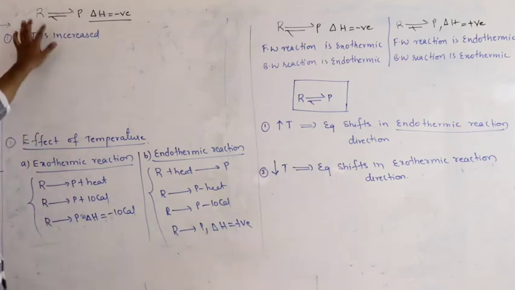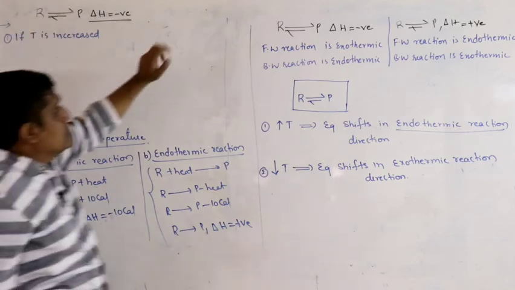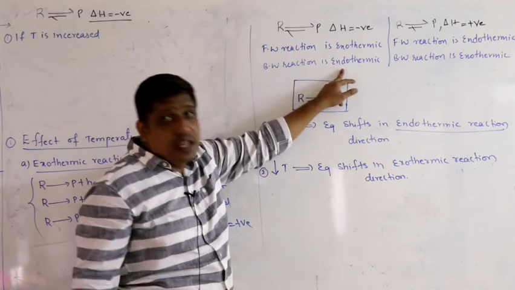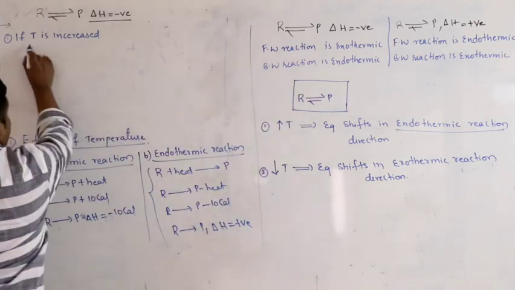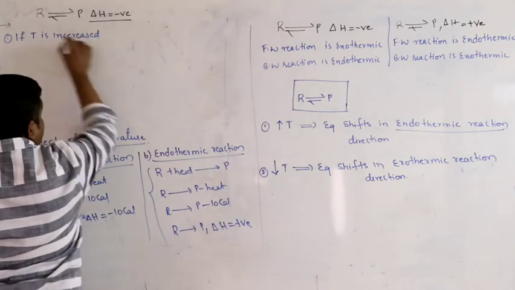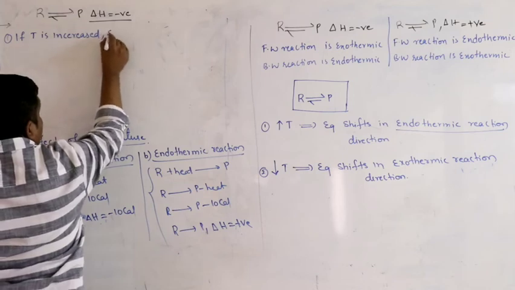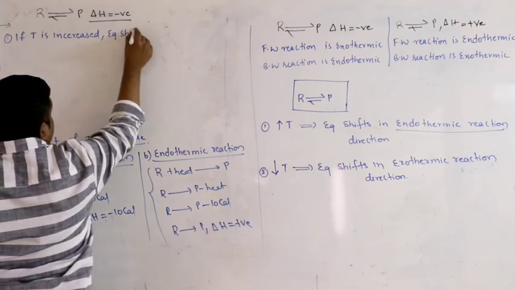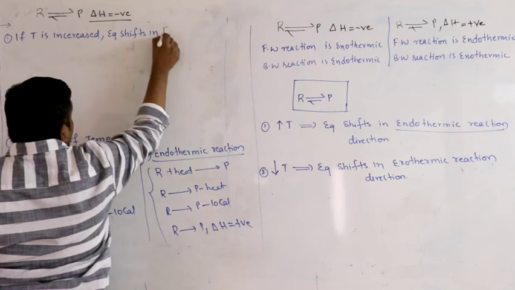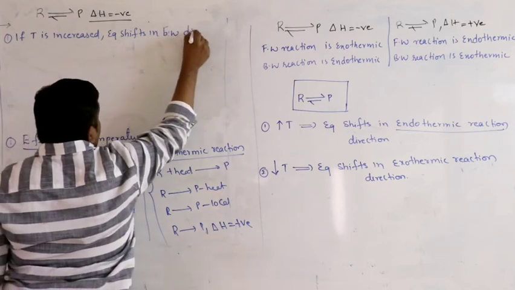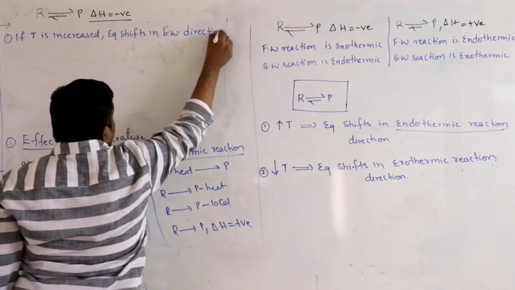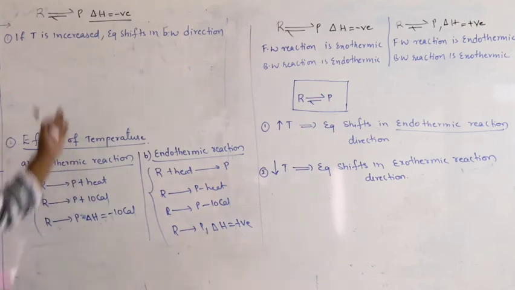Endothermic. Which is endothermic, forward or backward? Backward reaction is endothermic. Therefore, if temperature is increased for this equilibrium, then equilibrium shifts in the backward direction, because backward is endothermic.